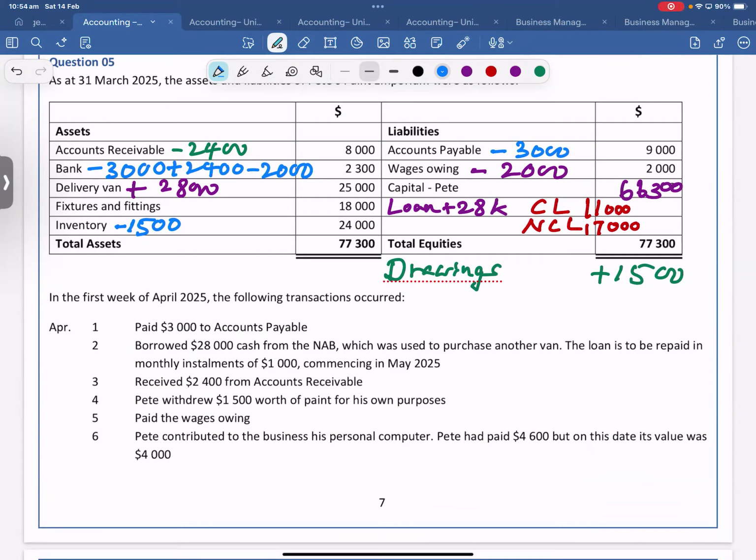It wouldn't go to inventory, so would it be personal computer plus 4,000? Personal computer plus 4000. For the balance sheet purpose, I'll write here computer, 4000. What else is affected?